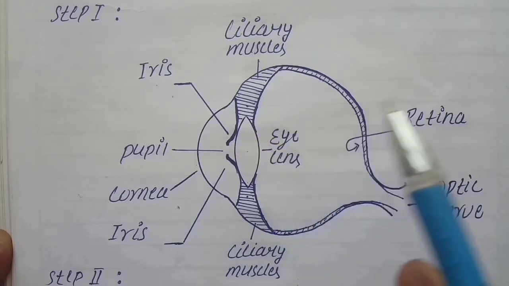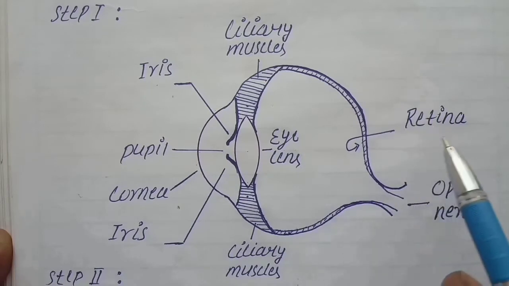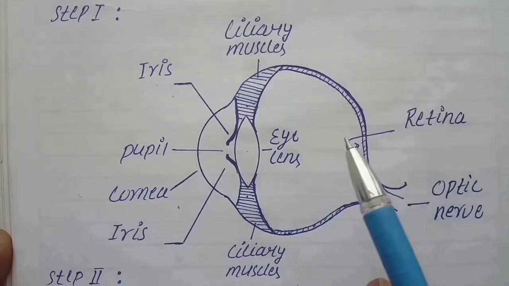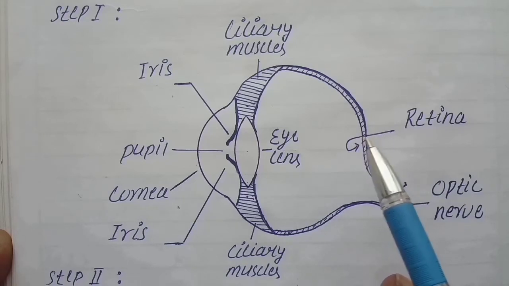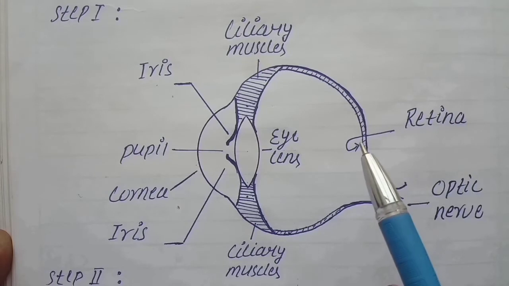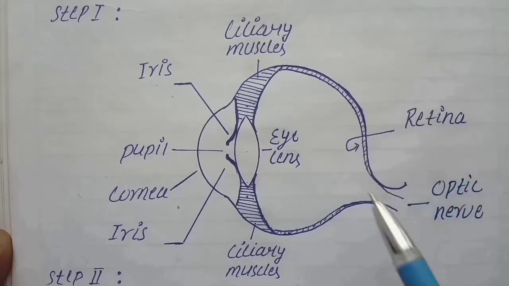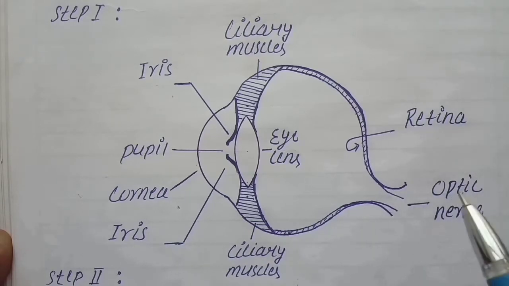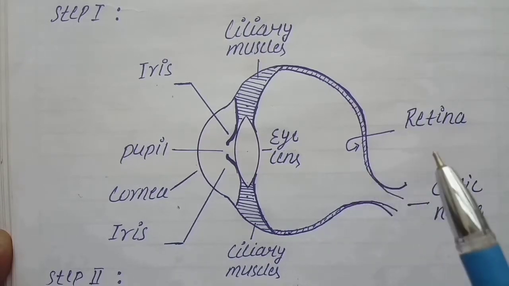So let me go back to the retina again. Since the retina has a large number of light sensitive cells, when the image falls on the retina, these light sensitive cells get activated and generate electrical signals. The retina sends these electrical signals to the brain through the optic nerve and gives rise to the sensation of vision.